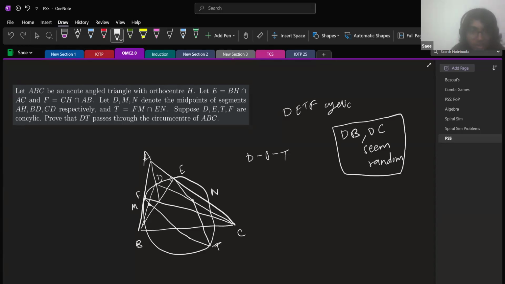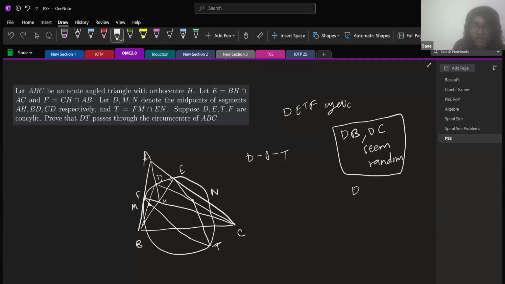Anything else? Do you know what the circle DEF is? I mean, D is the center of AEF, so how do you want to define it? Okay. D is center of AEF.